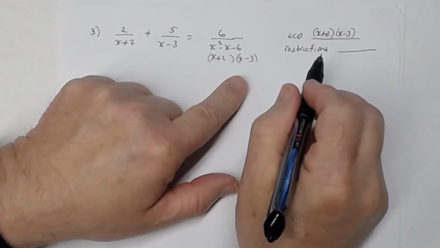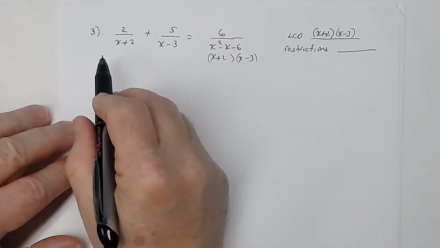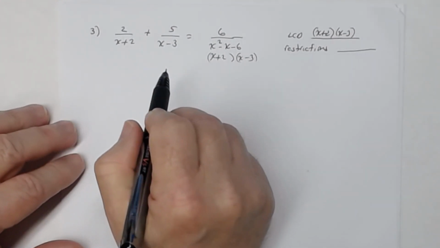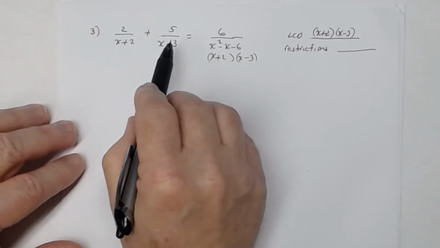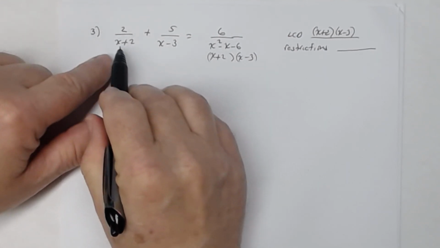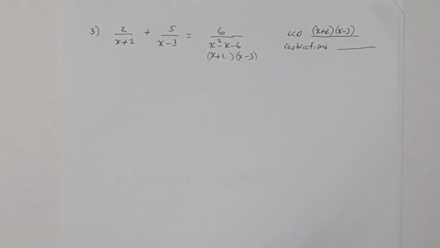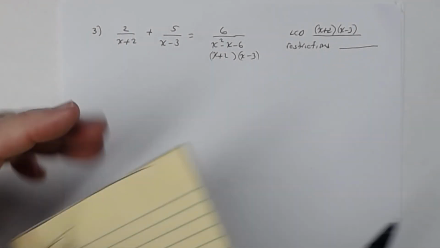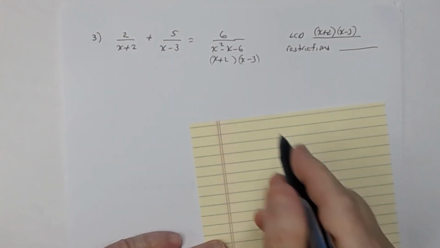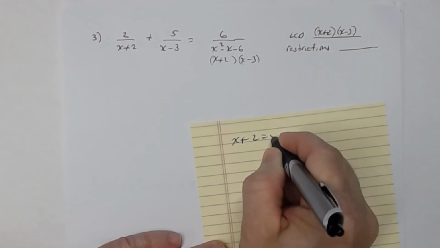Now the restrictions are the values for x for which the denominator is 0, or for which the rational expression is undefined. So if we look at x plus 2, you're going to ask yourself, where is x plus 2 equal to 0?